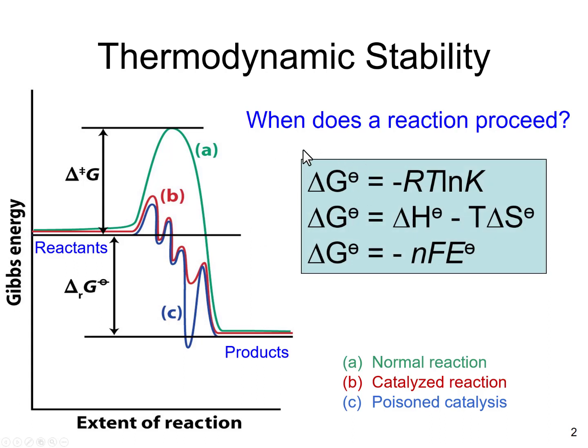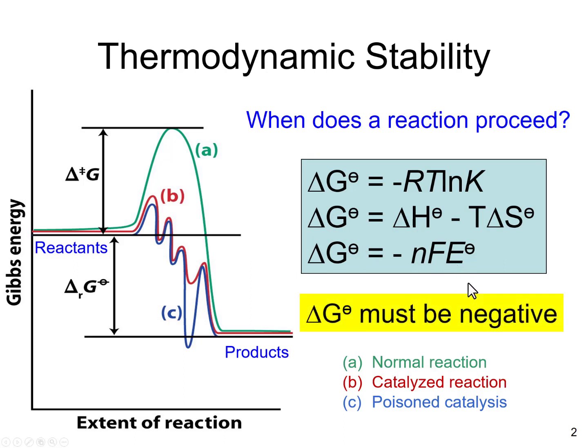The first equation relates the free Gibbs energy to the equilibrium constant K. The second equation relates it to something we call reaction enthalpy, delta H, and the reaction entropy, delta S. The third form relates the free Gibbs energy to the redox potential. Now, again, to repeat, delta G, the free Gibbs energy, must be negative, as you can see again in this graph.